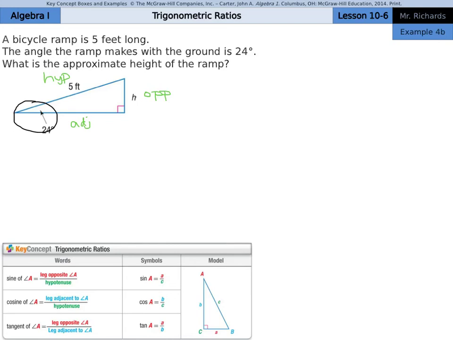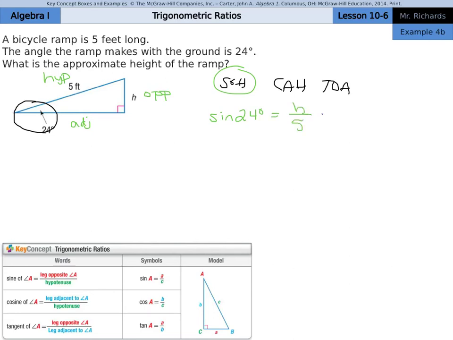And so as we look at our SOH CAH TOA once again, which relationship are we going to use? We need our opposite and hypotenuse again, which is, once again, sine. So the sine of 24 degrees is equal to the opposite side, which is h, over the hypotenuse, which is 5.